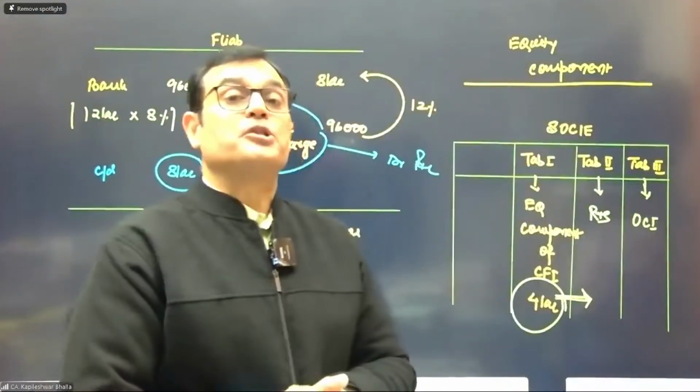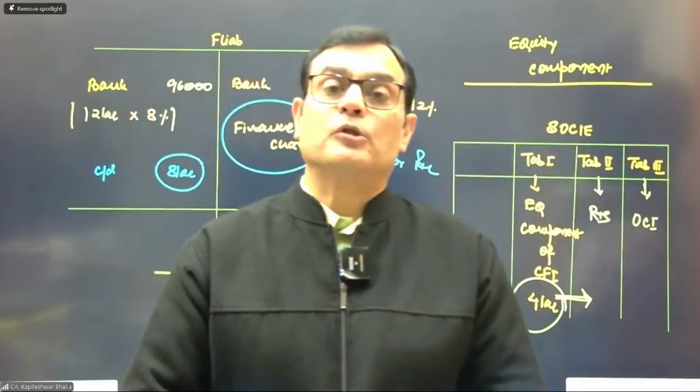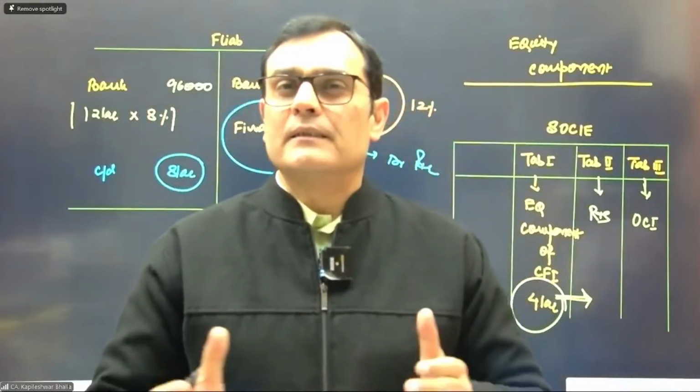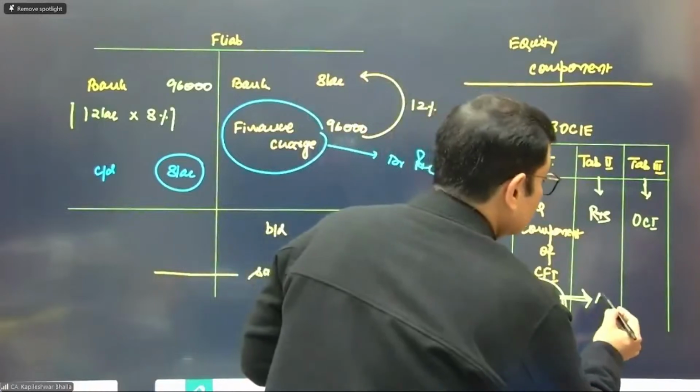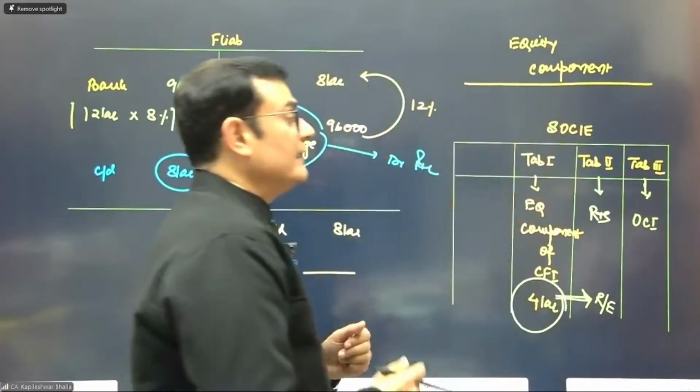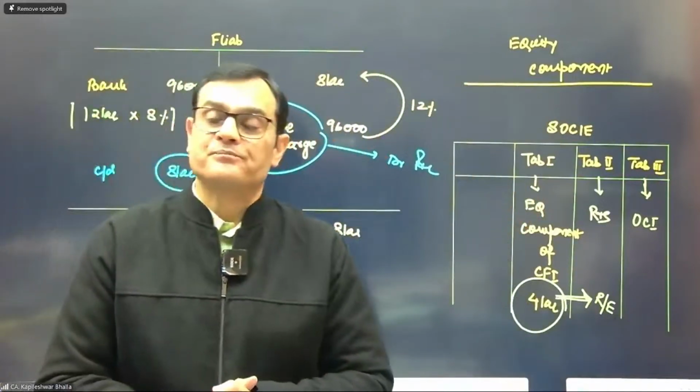This money is going to be put in retained earnings in tab number 2 at the end, on the liquidation of the company.